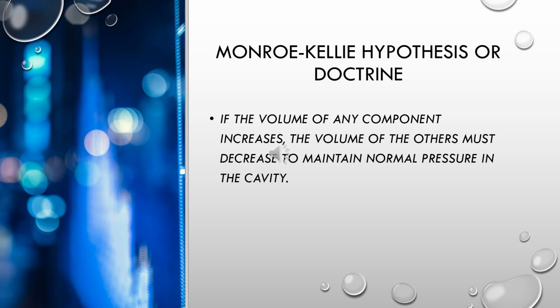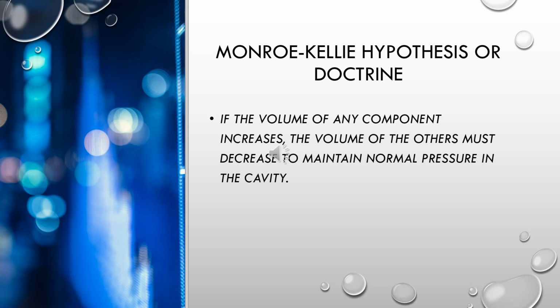in the cavity. So when we're looking at ICP, for instance, if we have an injury to the brain that causes increased swelling of that brain, and that pressure starts to rise from that, one of those other things has to compensate for it. So either the CSF will slow down its production to decrease the amount of CSF that's inside the cranial vault, or blood flow will be slowed down to the brain.